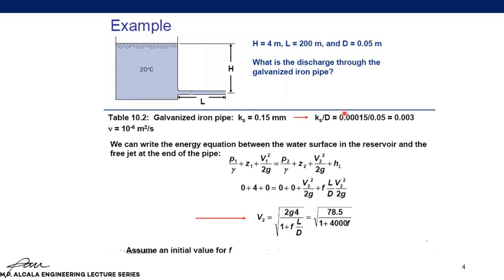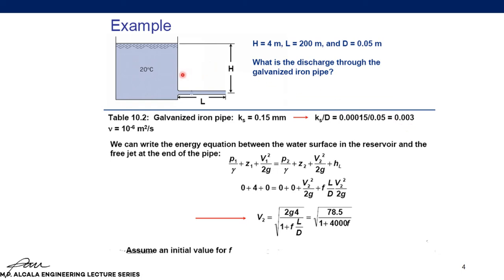What is the discharge through the galvanized iron pipe? The galvanized iron pipe gives us a Ks of 0.15 millimeters, so the relative roughness is Ks over D. Again, we convert to meters so the units cancel: 0.00015 divided by 0.05 gives 0.003.